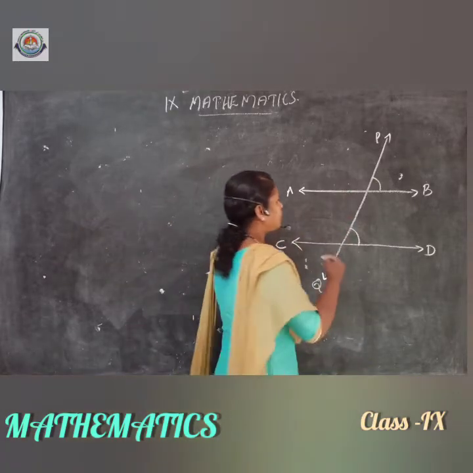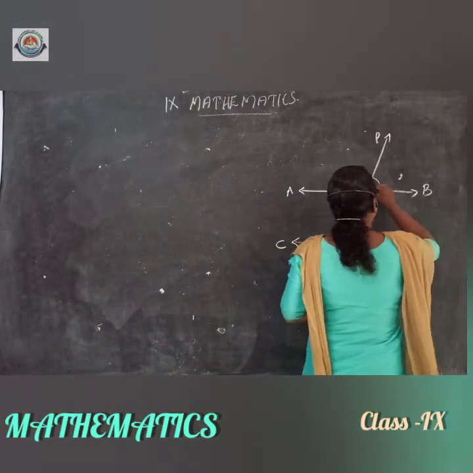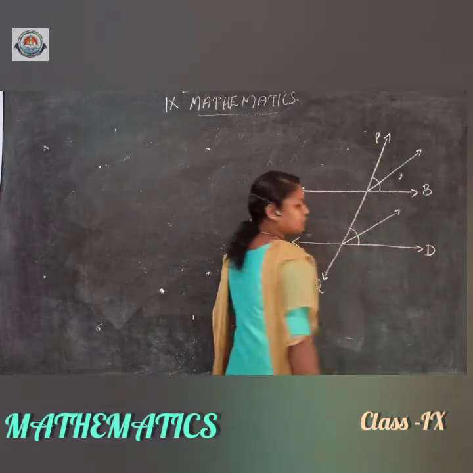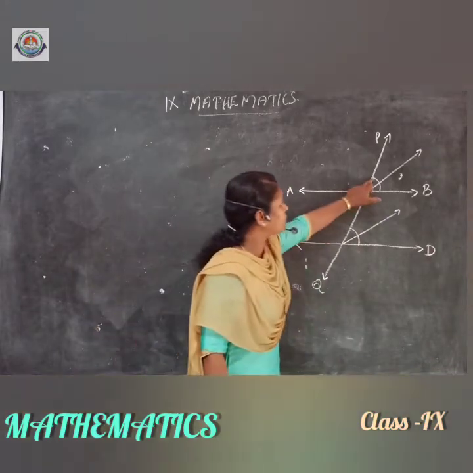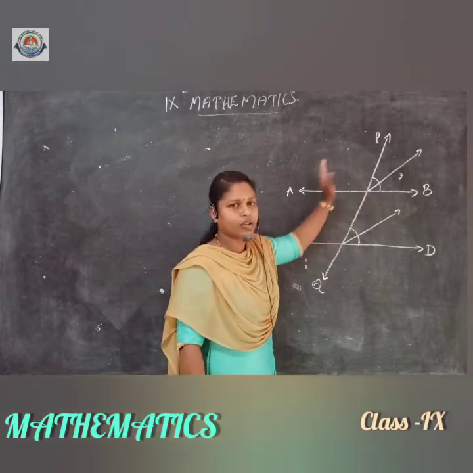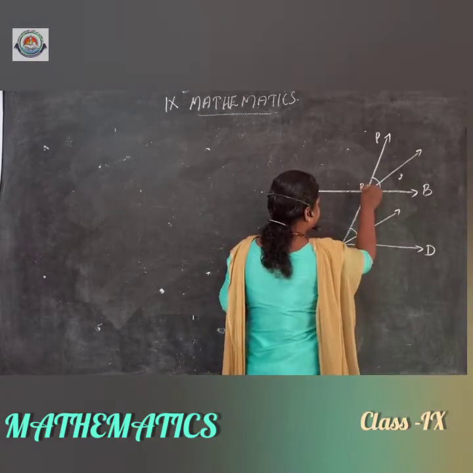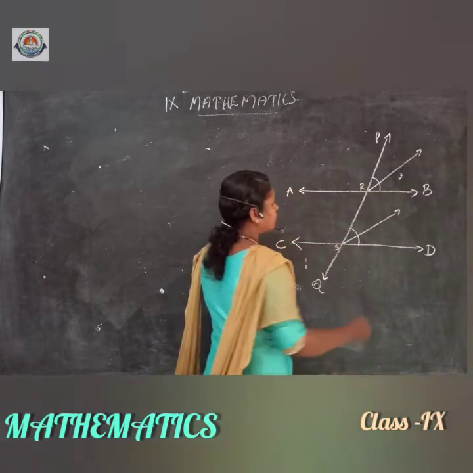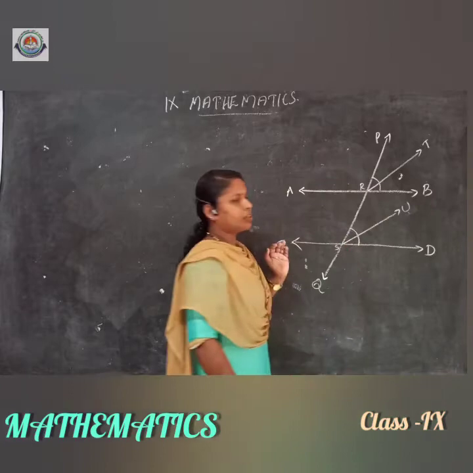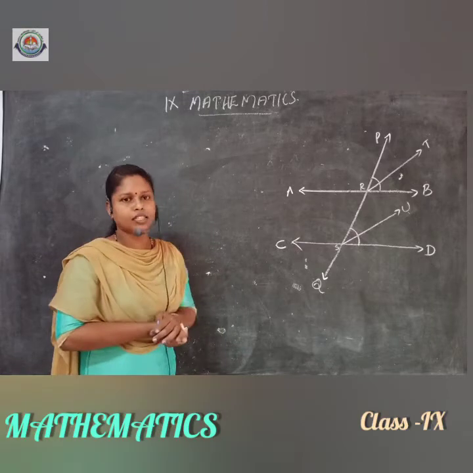Here we are given the bisectors of the corresponding angles, so we need to draw the bisectors of these two angles. So here we have two corresponding angles and their bisectors.